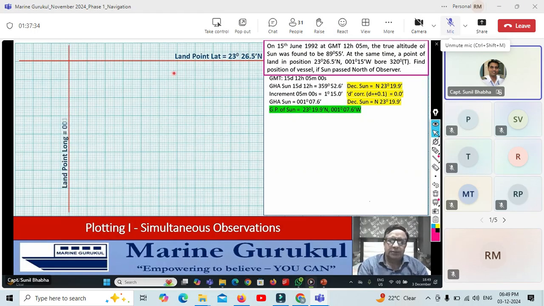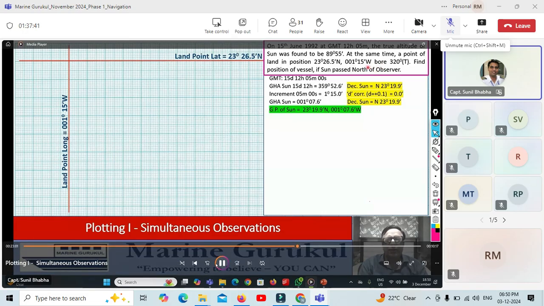Here we are drawing the meridian for the point on land, which is 001 degrees 15 minutes west, and we know the meridian of the GP shall be to the east of it because its westerly value is lesser. So what we have done now, beta, we have marked this land position. 23 degrees 26.5 minutes north parallel of latitude is shown. 001 degree 15 minute west longitude is shown. So the land point is identified here.